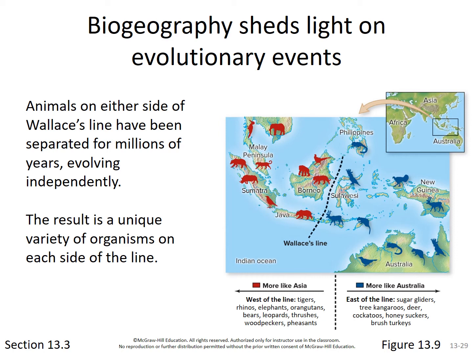Whereas west of the line, you see animals that are more like the distribution of species in Africa. Even though these animals are fairly close together nowadays, they used to be a lot further apart. And so east of the line, you see organisms much more like Australia. West of the line, much more like Asia.